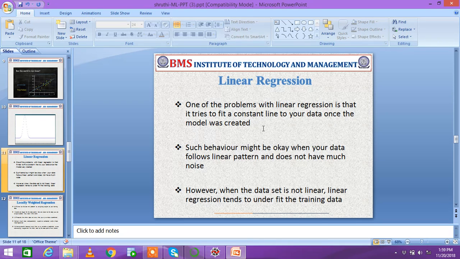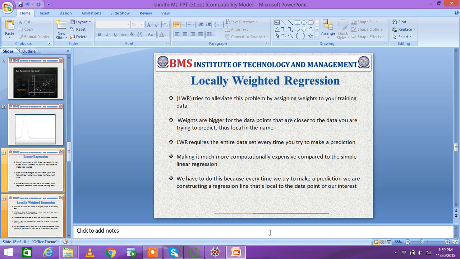One of the problems with linear regression is that it tries to fit a constant line to your data once the model is created. Such behavior might be okay when your data follows a linear pattern and does not have much noise. However, when the data set is not linear, regression tends to underfit the training data.